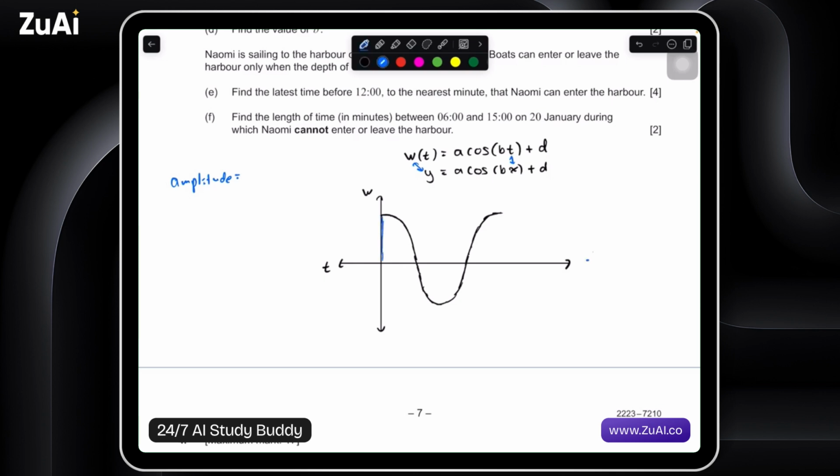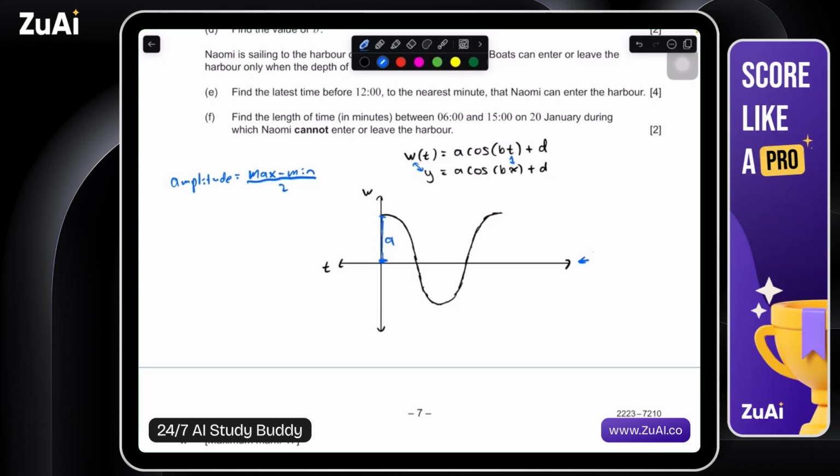If this is our midline or our resting point, the average value, amplitude measures the distance from the midline to the highest point. To find the amplitude, we can take the maximum, I'm just going to write max, minus the minimum, and then divide by 2.